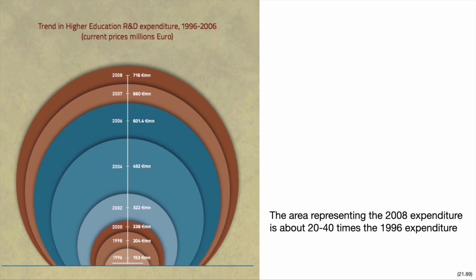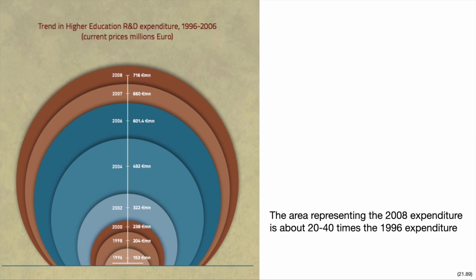Here, this is from the previous thing we saw earlier. The area representing the 2008 expenditure is actually between 20 and 40 times the 1996 expenditure. And that's because not only has a circle been used instead of a rectangle being increased in one dimension, but even if we look at the 1996 value, half of the circle is obscured, whereas for the 2008 value, most of the circle is visible.